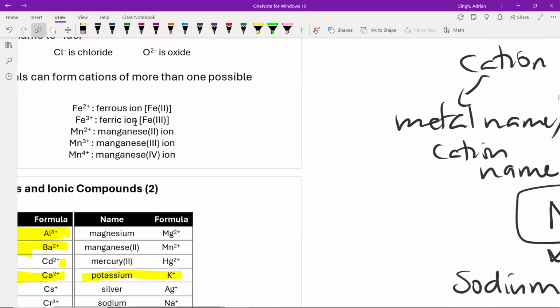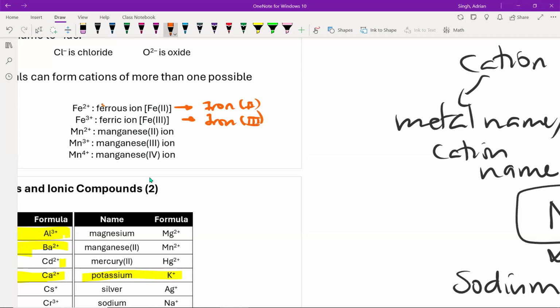I'm not going to force you guys to learn this; it is an older naming system. I want you to know the Roman numeral naming system, because there isn't any ambiguity. If you see Fe2, you know it is Fe2+. If you see Fe3 here, you know that it is Fe3+. You don't have to memorize what ferrous or ferric means. So this would be iron 2, and this here would be iron 3. And that's how you would name them in a compound.